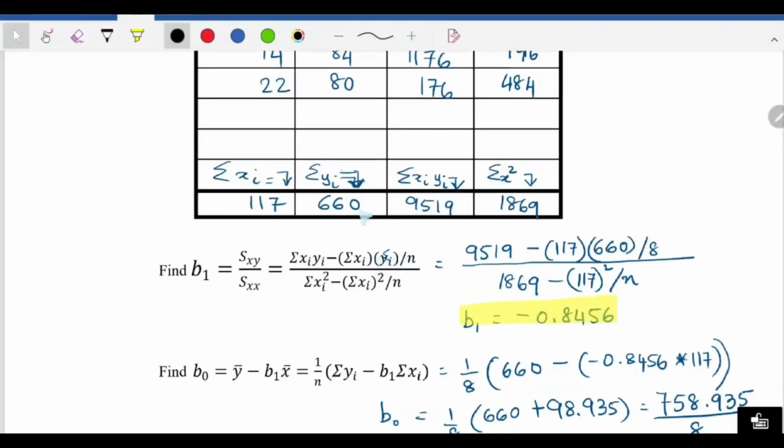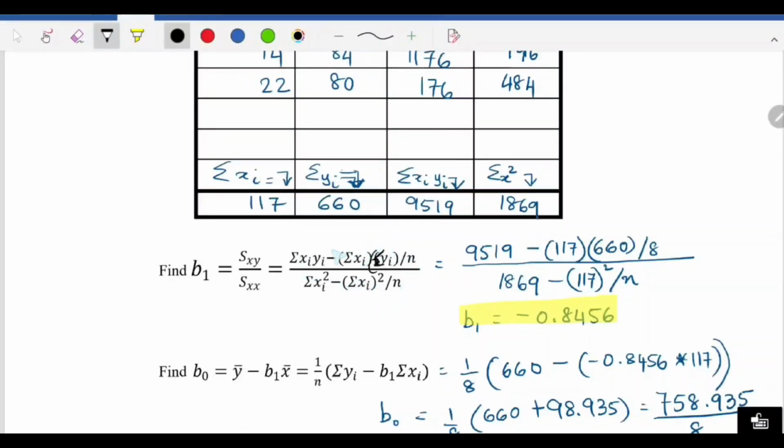This should be, just a second, erase this, and there should be a sigma with y. It should be sigma y sub i divided by n, over sigma x squared minus sigma x whole squared divided by n. So that's the formula we are going to use.